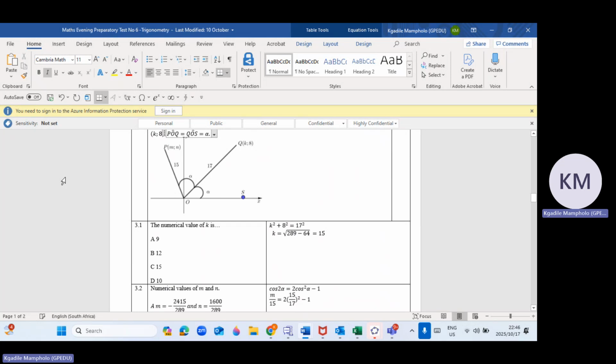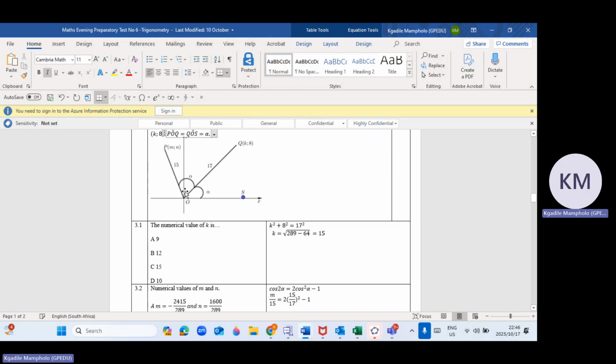Now, I want you to remember this. The angle of an arm is always measured from the origin in the anti-clockwise direction. It means now we can't say the angle of this arm, which is 15 units, is alpha. No, it's 2 alpha, because the angle must be measured from the x-axis.